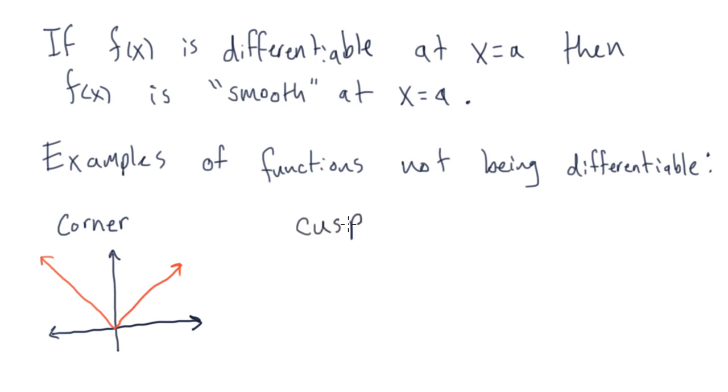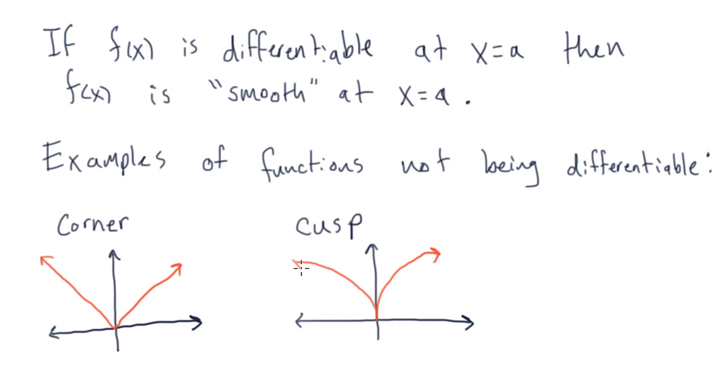Okay. So another example is what's called a cusp. And a cusp more or less is the same thing as a corner, but instead of just meeting at two different angles, a cusp really is coming down and smoothing out and then coming back the other way.